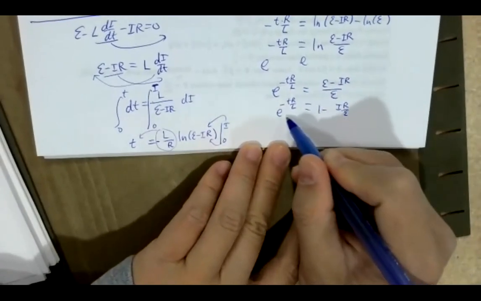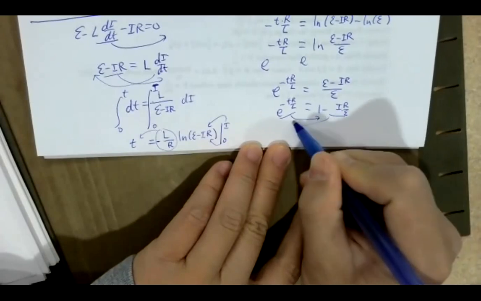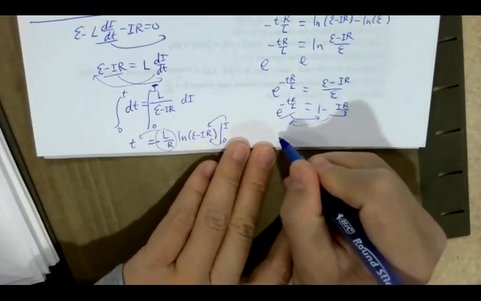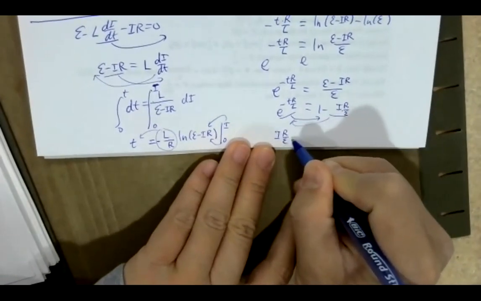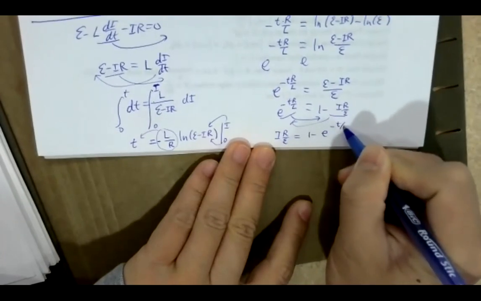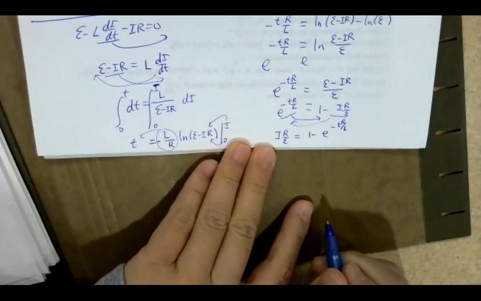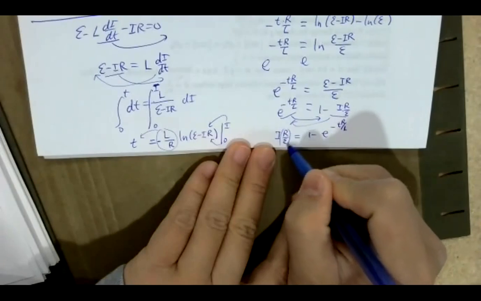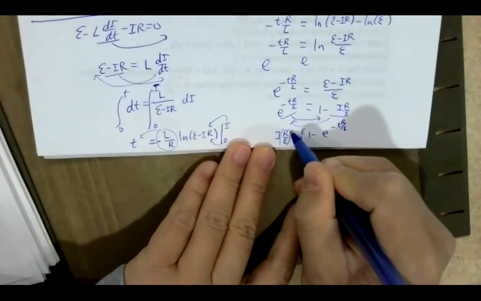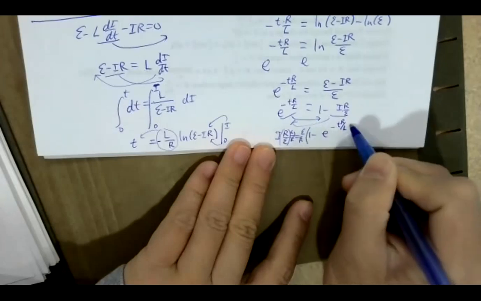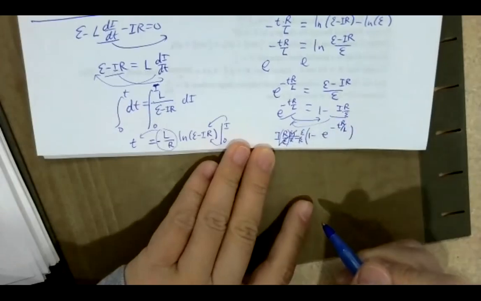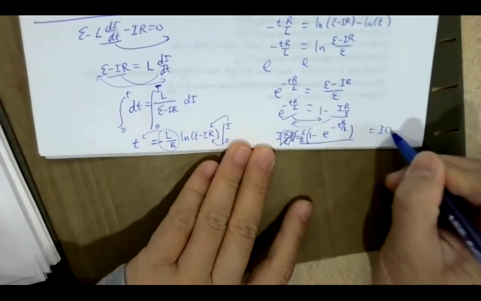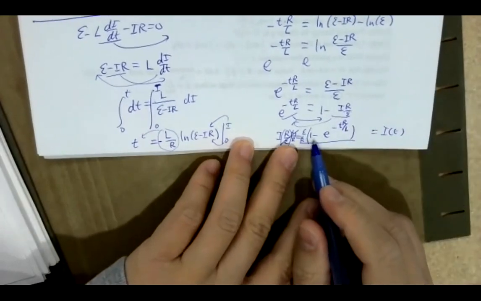Now you can put this term on the other side of the equation, just switching the two. That gives you IR over epsilon equals 1 minus e to the minus tR over L. Now you're looking for I, so you multiply both sides by epsilon over R. This is what you get for I as a function of t: epsilon over R times (1 minus that).